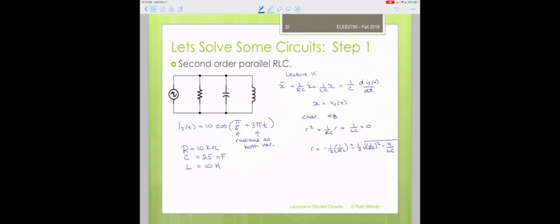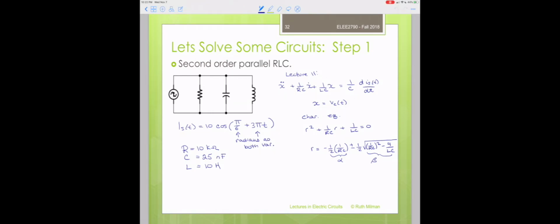Remember we've been calling the first part alpha, and the second part, the negative of that times 1/2, beta.